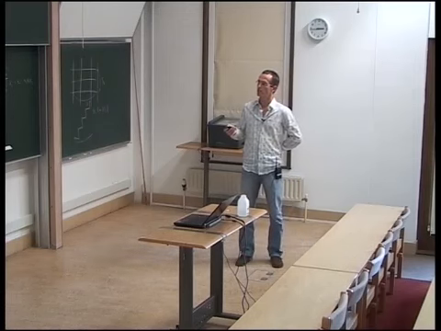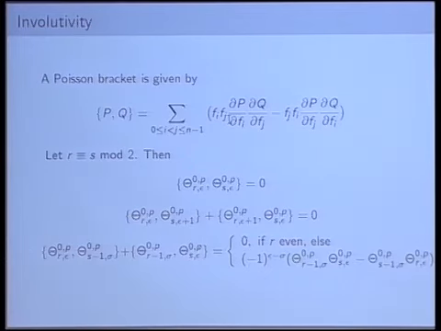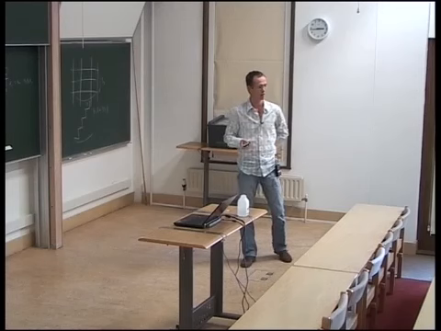The functions I defined earlier, if you take the even ones as a set and the odd ones as a set, form an involutive system of functions with respect to this bracket. So they really have nice properties.